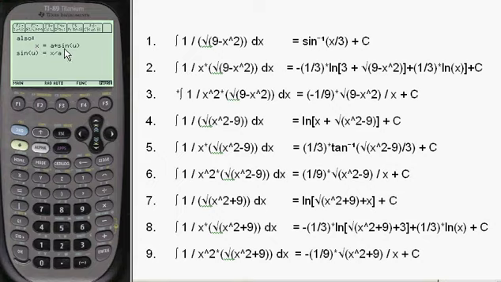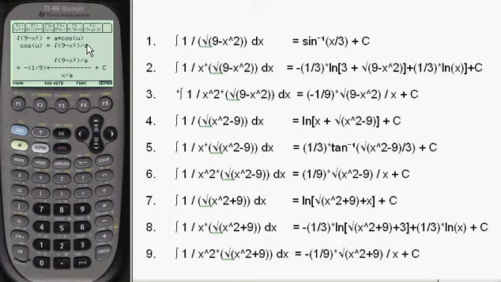Well, we transfer the a to the other side, and sine u is equal to x over a. And we found out that the square root of 9 minus x squared is equal to a cosine of u, and so cosine of u is equal to the square root of 9 minus x squared divided by a.